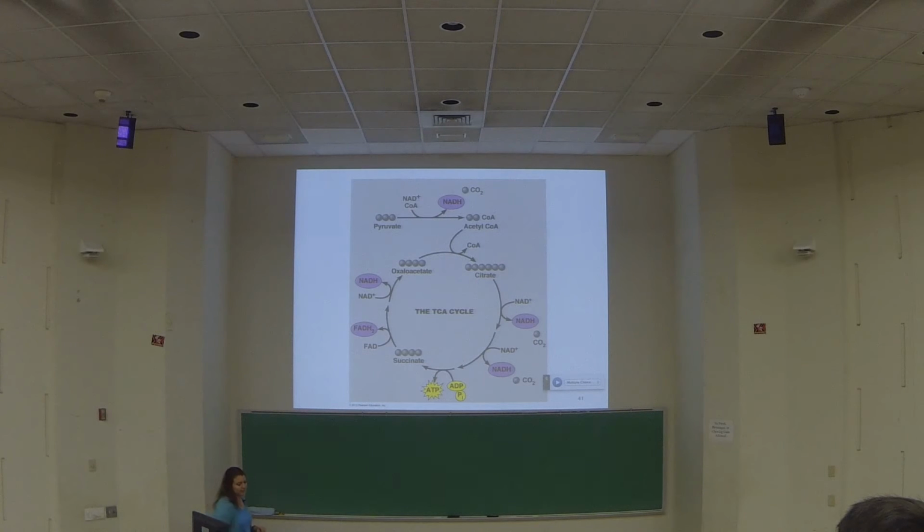There are 8 chemical reactions in this cycle that go around and end up at the same place that we started. It's a series of carboxylic acids that are oxidized. All of this happens in the mitochondrial matrix.